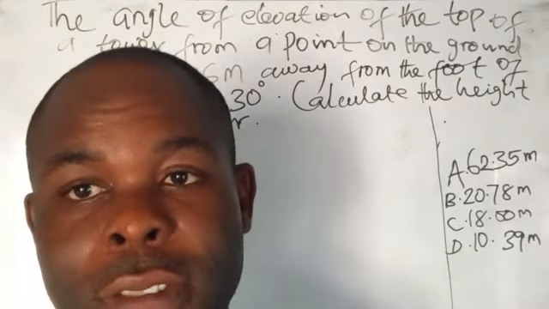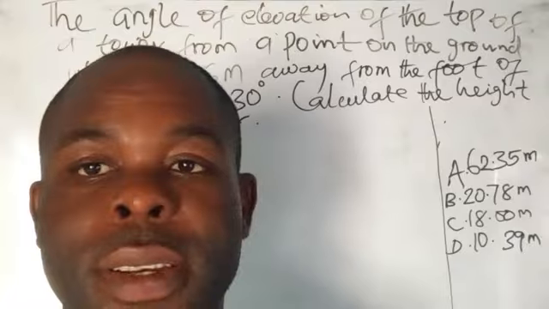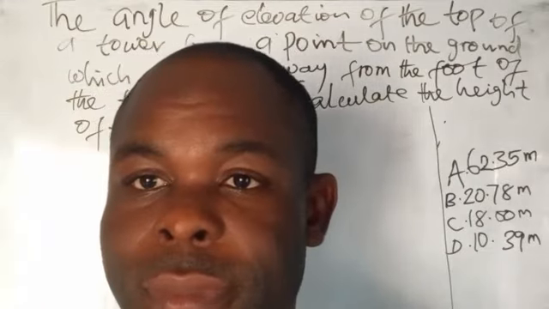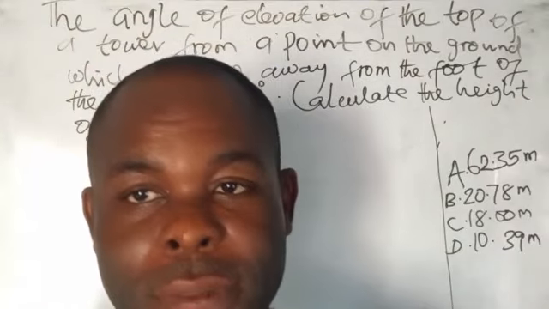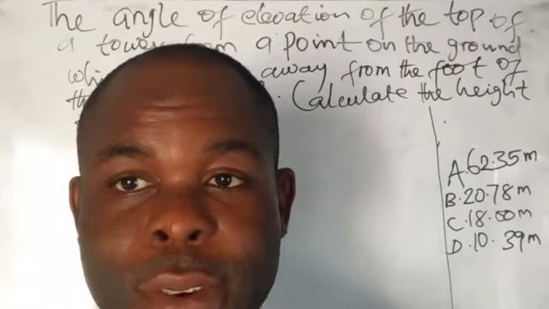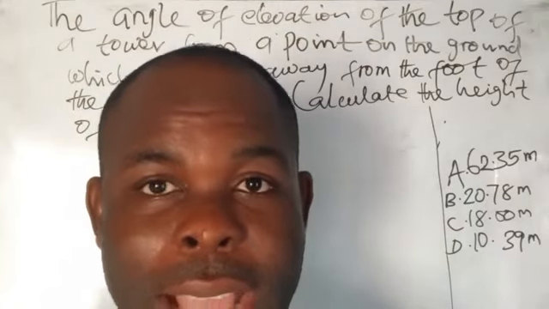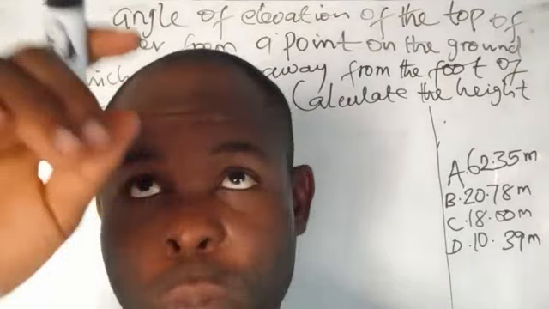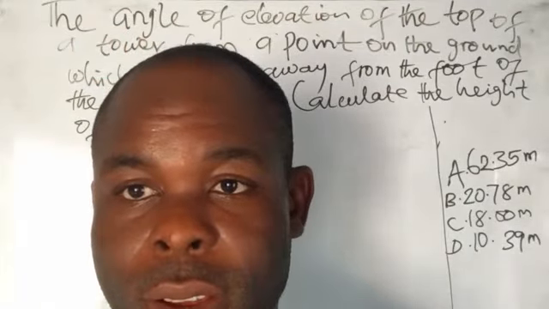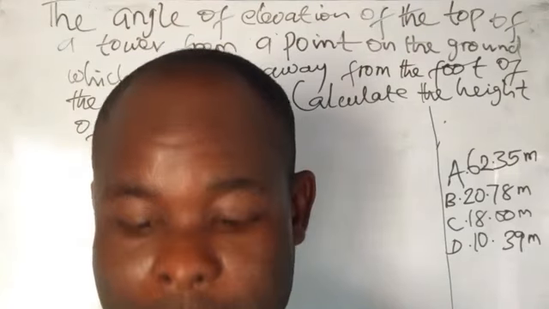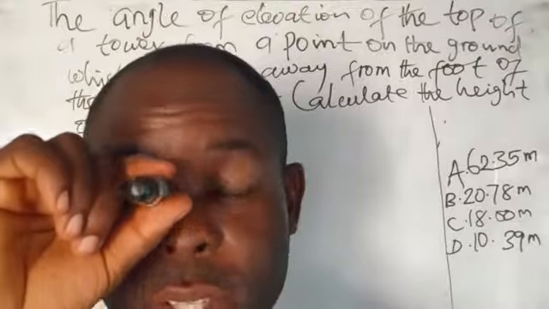if you are given angle of elevation, angle of depression. Now in this case, let's assume I am standing here. Look at me very well. You see my eyes. There is something that is projected upwards or downwards. At this level of my eye, you can see it is horizontal.